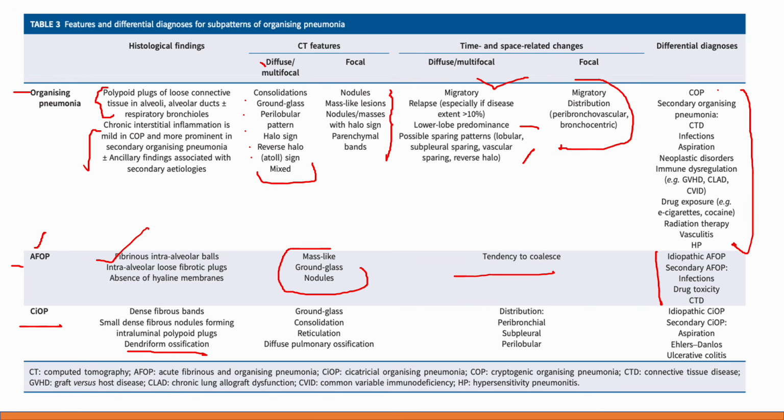So sometimes you have dendriform ossification, often in the perilobular space. So, dense fibrotic bands like cicatricial bands, intraluminal polypoid plugs, and dendriform ossification. On CT, you will see it with reticulation and pulmonary ossification. Again, it could be idiopathic cicatricial or it could be secondary to multiple causes. So, this is organizing pneumonia pattern.